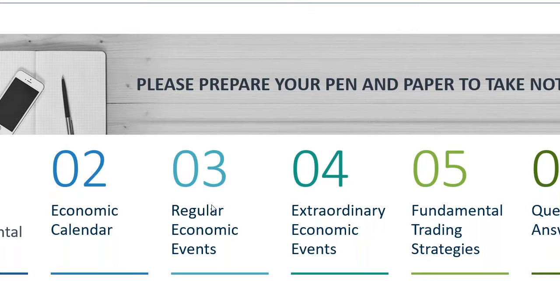We can look at regular economic announcements or events. Not a lot of those today, more so tomorrow. And we can also look at extraordinary economic events, which is more so what's been happening today. Extraordinary economic events are things that are not typically scheduled.